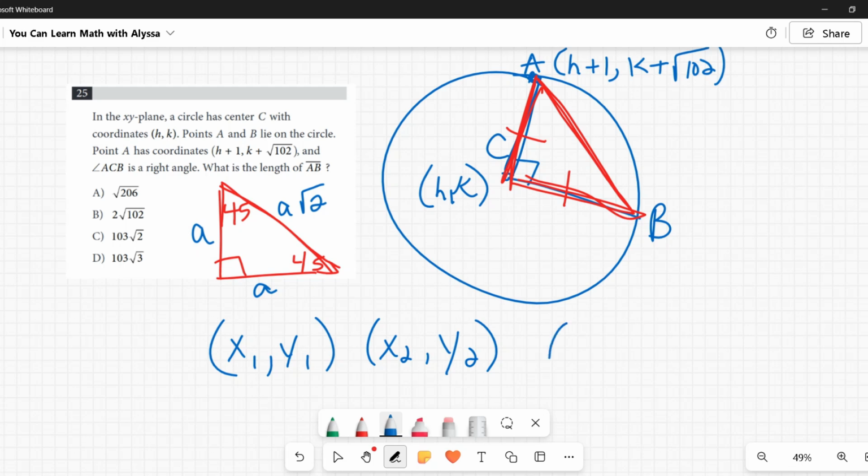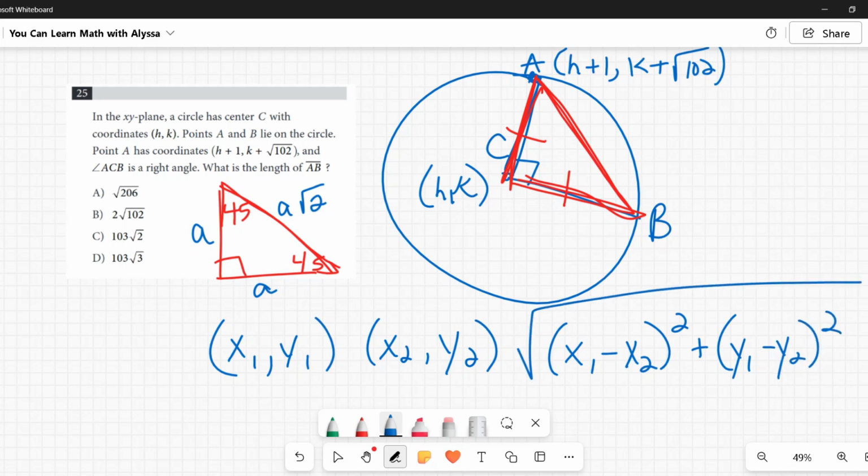It is the square root of (x1 minus x2) squared plus (y1 minus y2) squared. It is just doing a squared plus b squared equals c squared, and then deriving this formula from it. I'm not going to go into how it's derived. I have a video down below if you want to see more about the distance formula, but that is our formula.